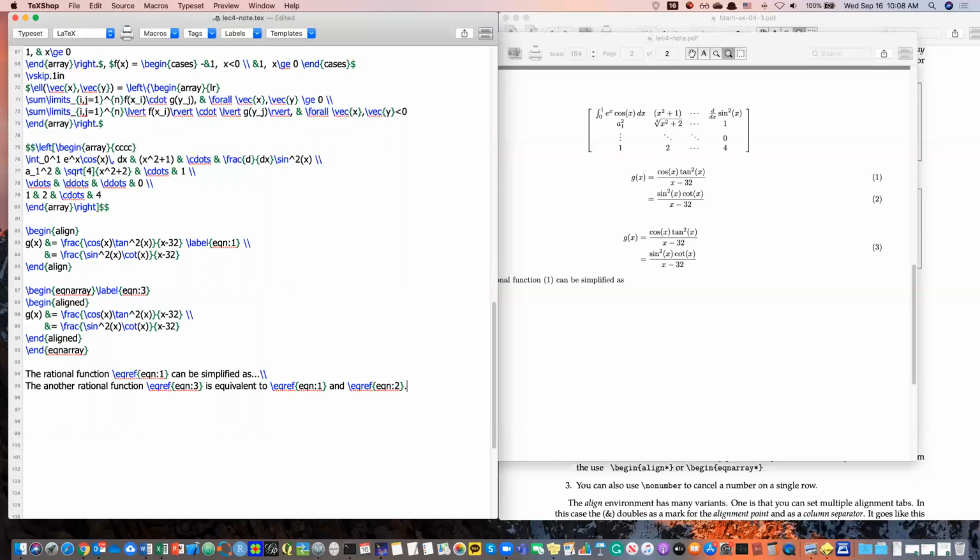What is EQN 2? Let me assign the equation number 2 in the second line, the first row of x. So label EQN 2.